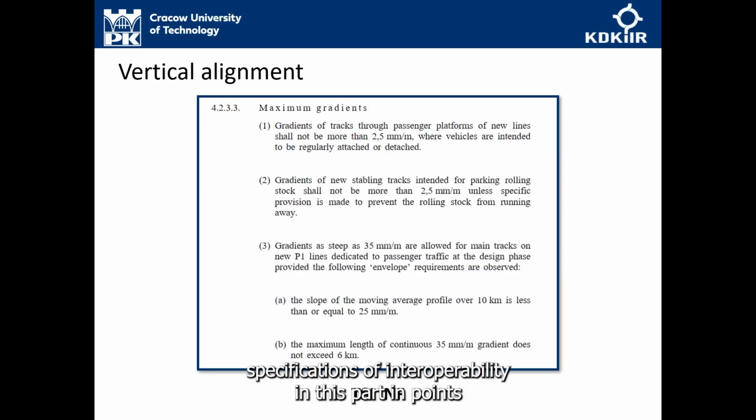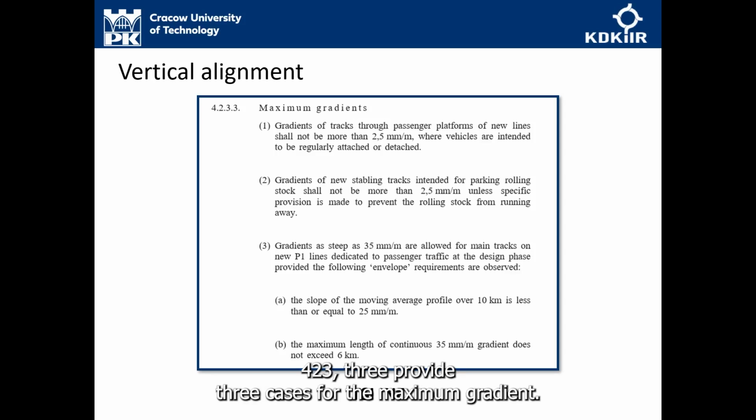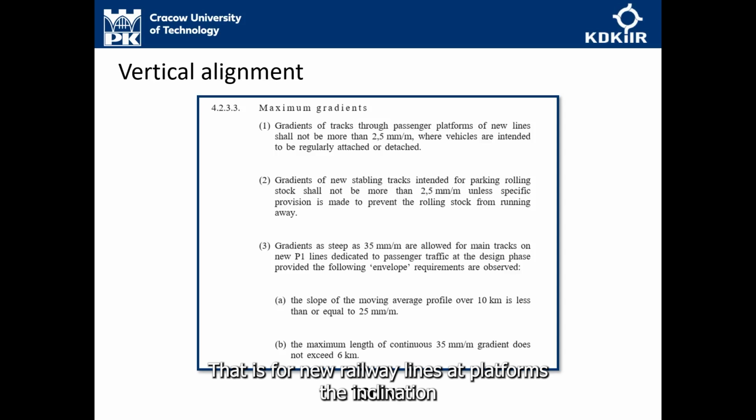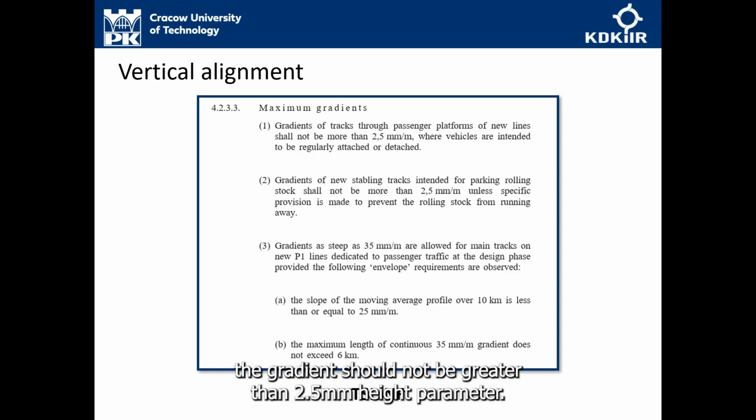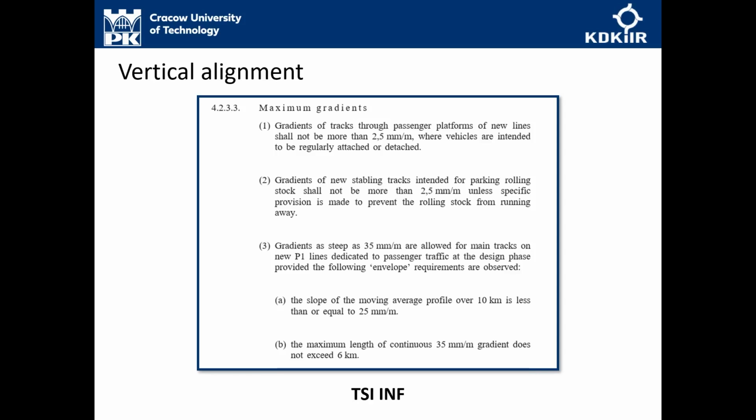The technical specifications of interoperability, ENE part, in point 4.2.3.3, provide three cases for the maximum gradient. The first of them says that for new railway lines at platforms, the inclination, the gradient, should not be greater than 2.5 millimeters per meter.